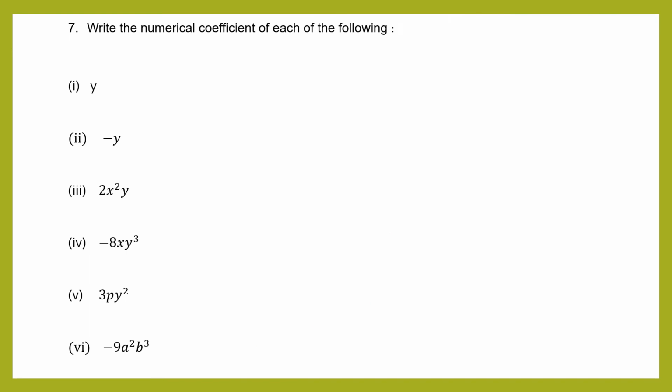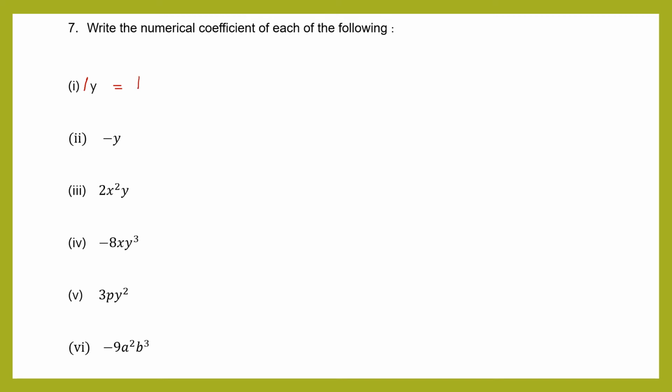Now we move on to the numerical coefficient. If the factor is a number, then it is called a numerical coefficient. If the factor is a letter, it's called a literal coefficient. Now here y, there is one y, isn't it? So what is the number here? 1. So the numerical coefficient of y is 1.